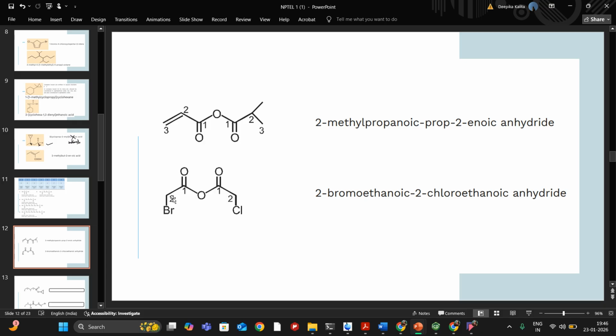On the other side again we have two carbons on the parent chain, so it will be 2-chloroethanoic. And now if we put both the fragments together, it will be 2-bromoethanoic 2-chloroethanoic anhydride. I hope this is clear.